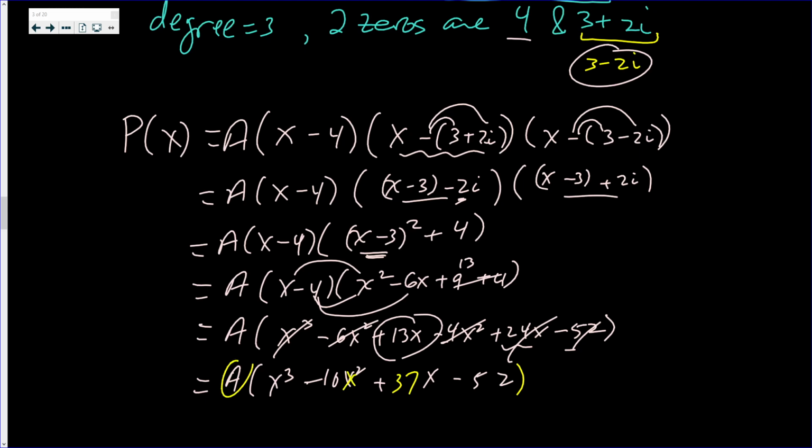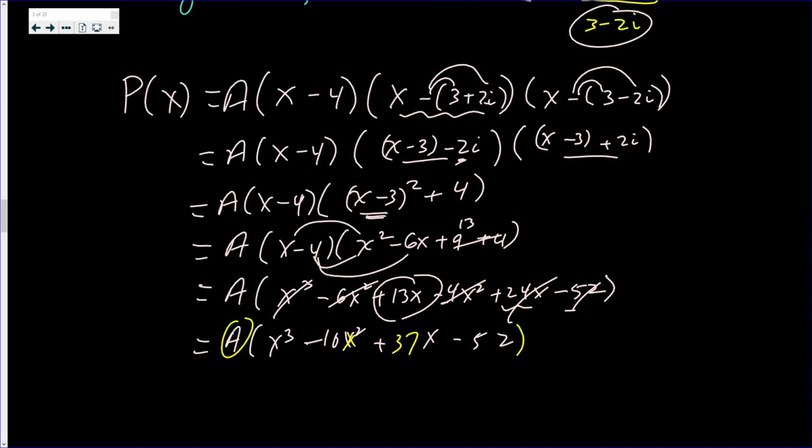And again, pick some number for A. I'm not suggesting you write A. You can put the number 7 right from the beginning. My advice is to put no number. Okay, so you have 7x cubed minus 70x squared plus 259x minus 364.